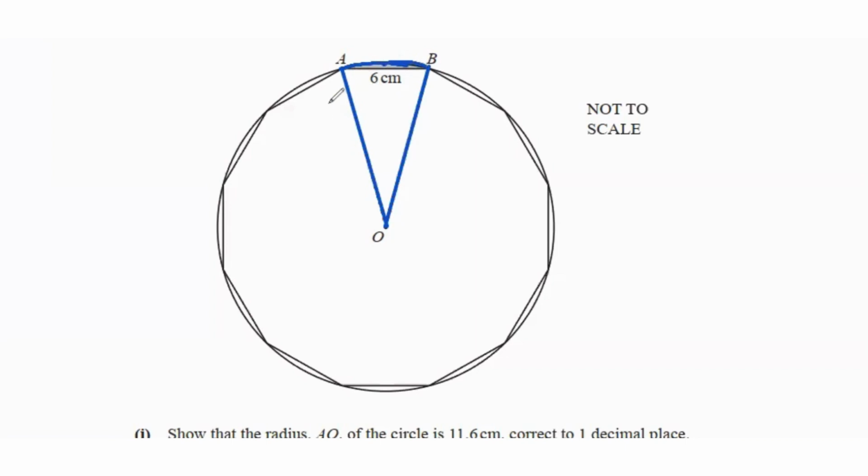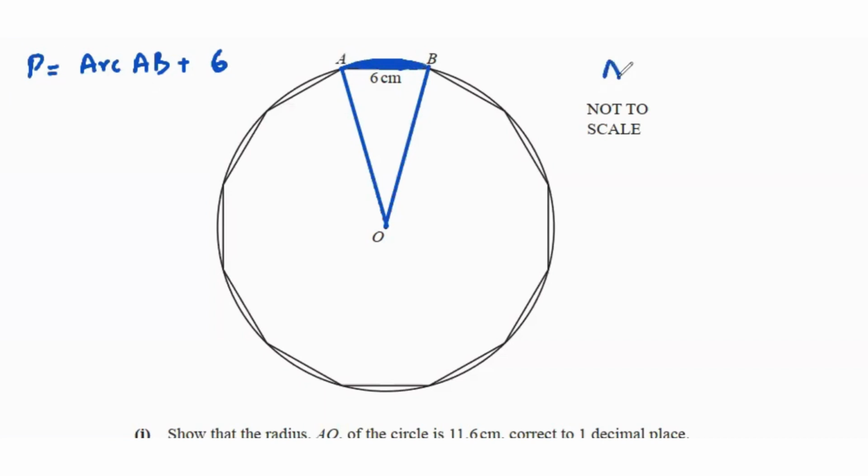So we have to find the perimeter of this part over here, which is this sector and this length. We already know the length, so arc AB and 6. We know 6, we need to find the arc AB.